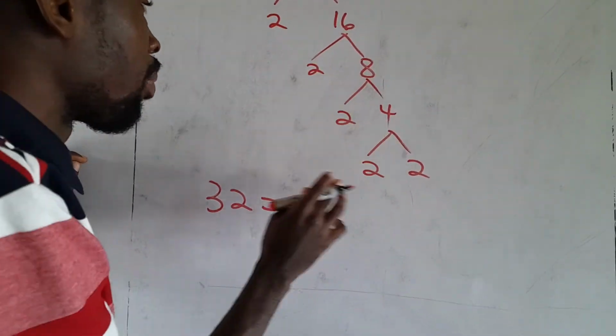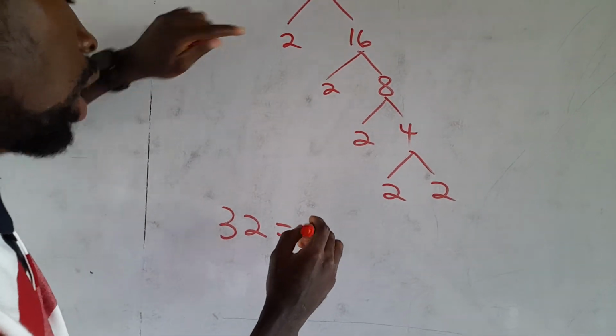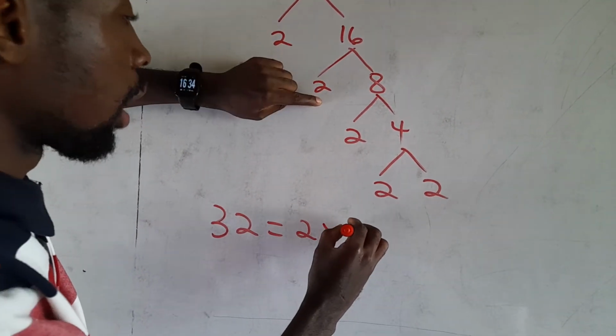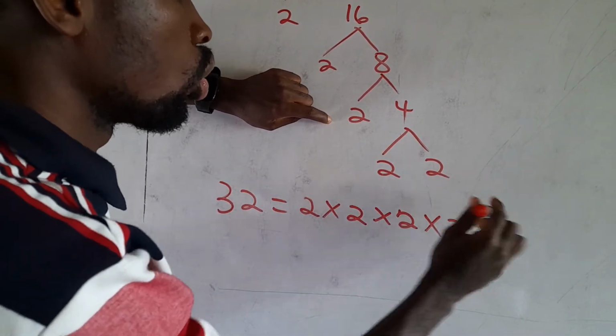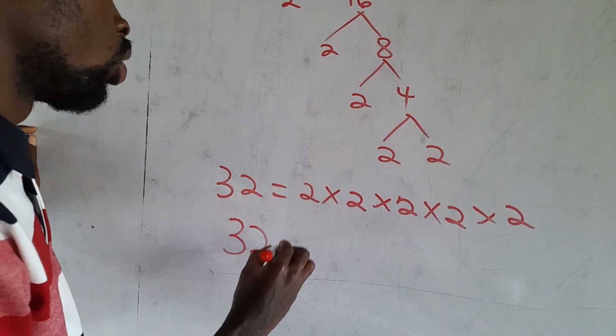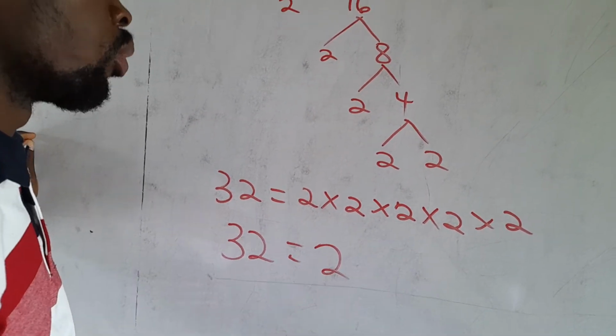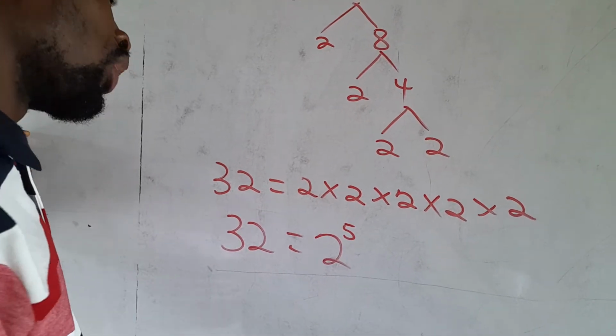So which numbers are prime numbers? See this 2, 2, 2, 2, 2. So we can say 32 is equal to 2 times 2 times 2 times 2 times 2. So 32 in an index form will be equal to 2 exponent 5. I hope you get that.